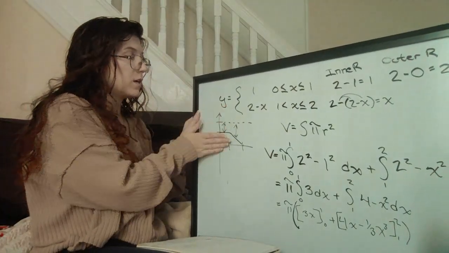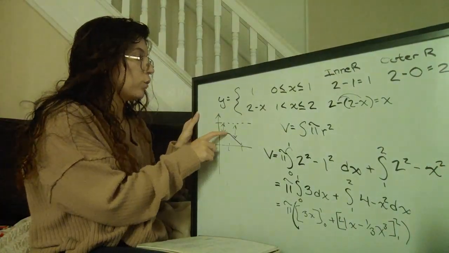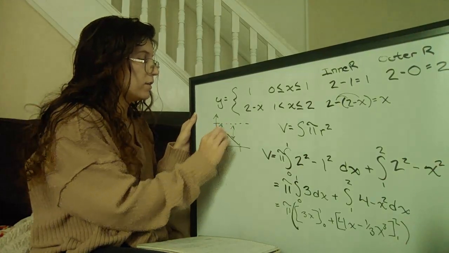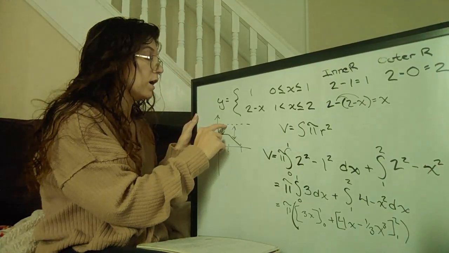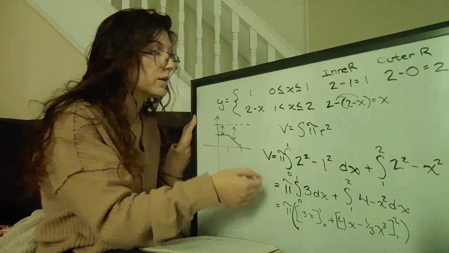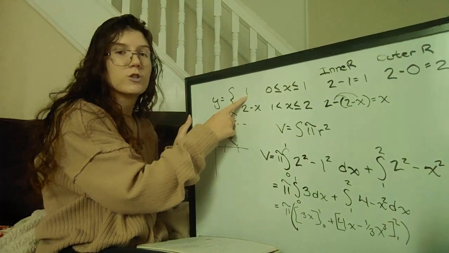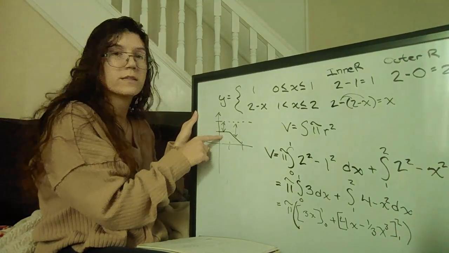It's understanding definitely outer minus inner. It's understanding that when we have a line that is not the axis, when it is above, we are doing your line minus whatever your functions are, if it's greater than, basically. And if you're not sure, because it's kind of harder for this to make sense, always just throw a number in there, because I think it makes sense to have this radius as 1.